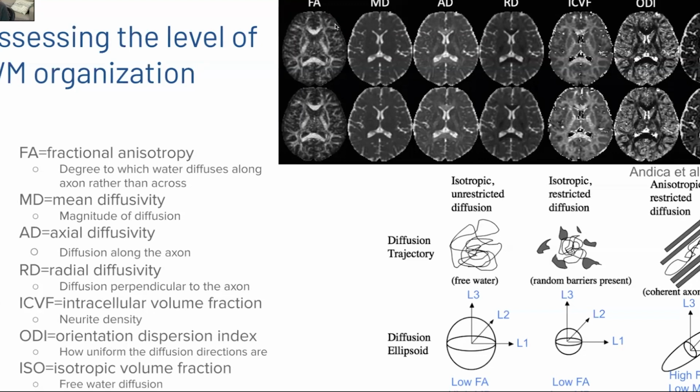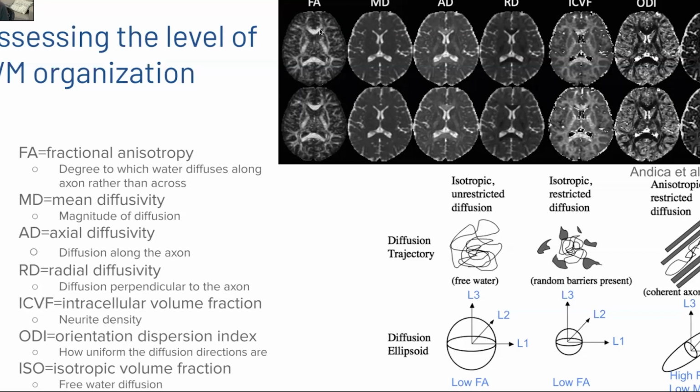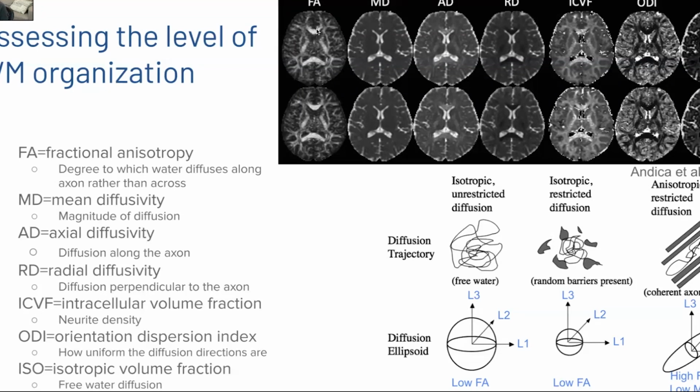This is the degree to which water diffuses along the axons rather than across it. So you're going to see high FA in areas where we have very intact, well-myelinated axons. So again, the corpus callosum is one of the areas of highest FA in the brain because we have this very strong coherence of left-right connectivity.